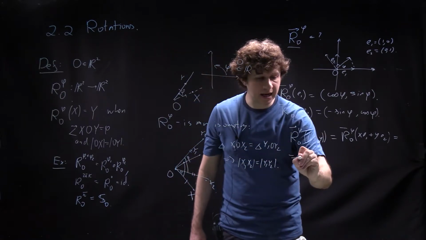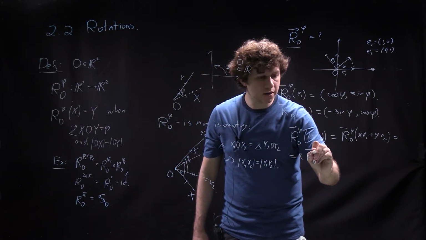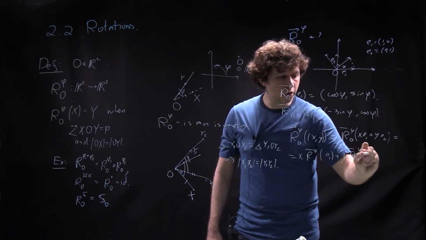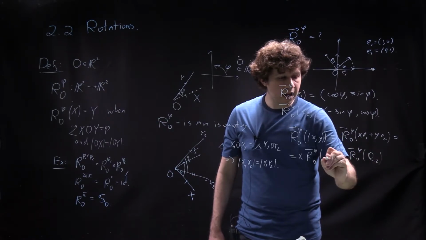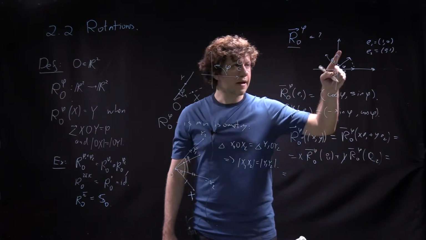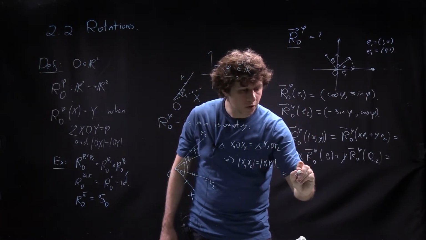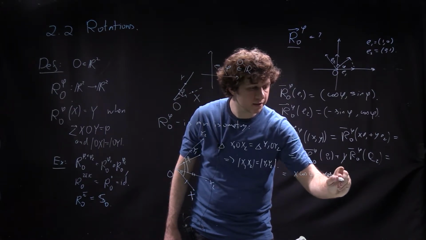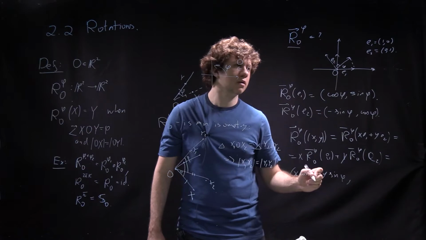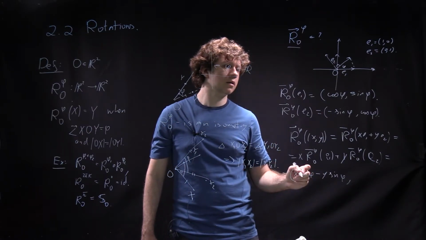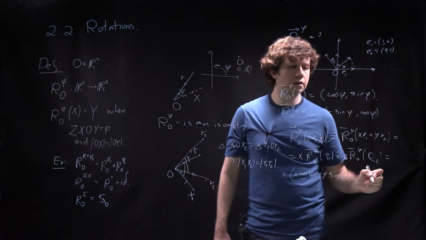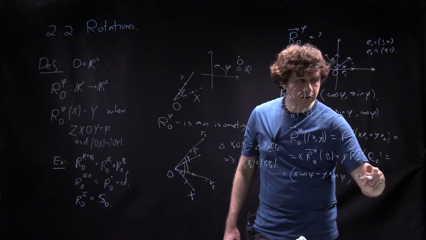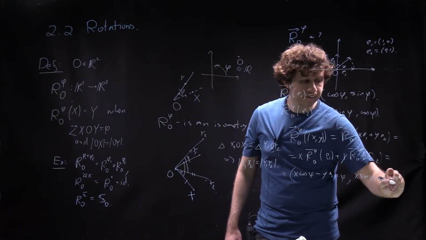So I can write it as x R_O bar of E1 plus y R_O bar of E2, and that's (x cosine phi minus y sine phi, x sine phi plus y cosine phi).